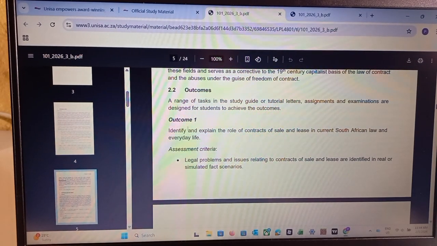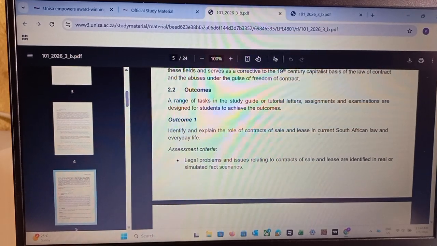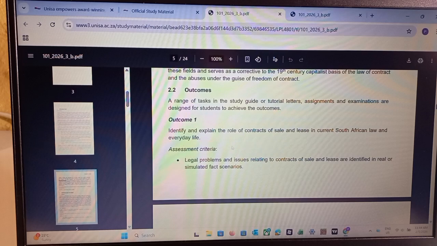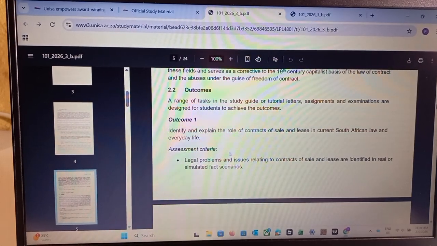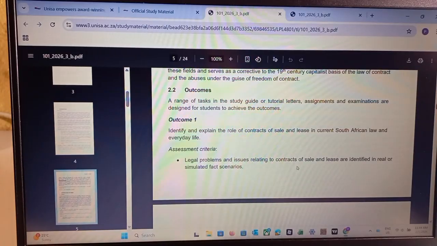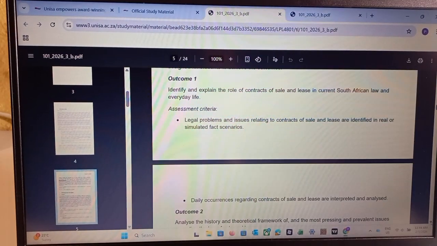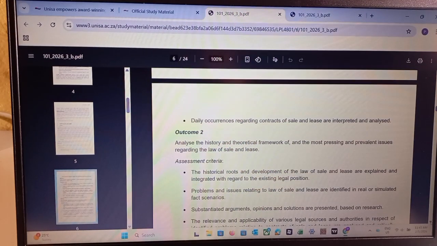Outcome 1: Identify and explain the role of contracts of sale and lease in current South African law and everyday life. Assessment criteria: legal problems and issues relating to contracts of sale and lease are identified in real or simulated fact scenarios. We move on. The next point.